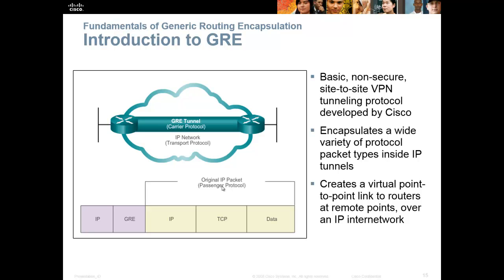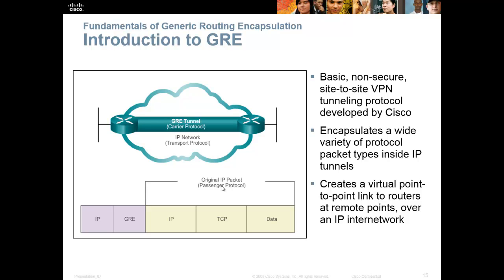Let's say I'm a bank and I've got a remote office down the road. I can go from my router to their router on a point-to-point, a T1 or a T3 or fiber or whatever it is, and I can create a GRE tunnel, and then I can just do IPsec across the GRE tunnel, and I didn't have to buy any extra hardware. I didn't have to buy a firewall. I didn't have to change my design, things like that.